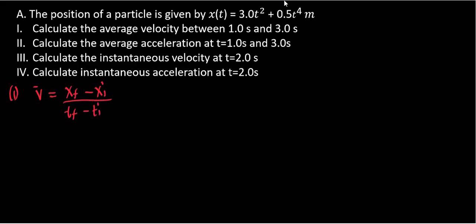Now here in the question, we have been given the displacement equation. And remember that we've been given the time. So we have been given the time initial and the time final. What's the time initial? It's 1.0. So I'll substitute in the equation this time initial, which is 1.